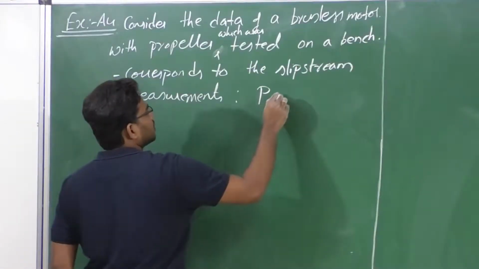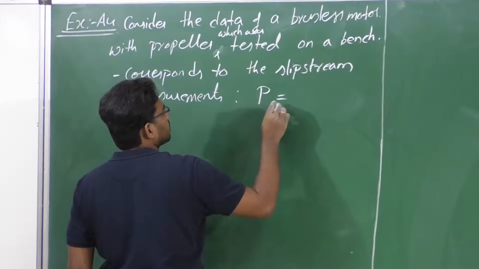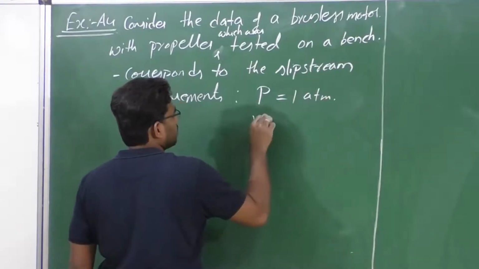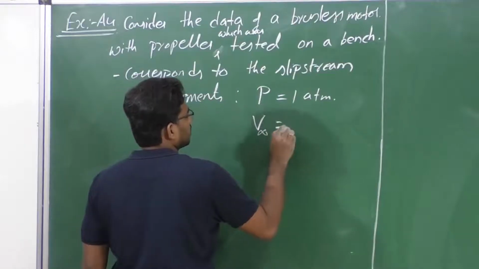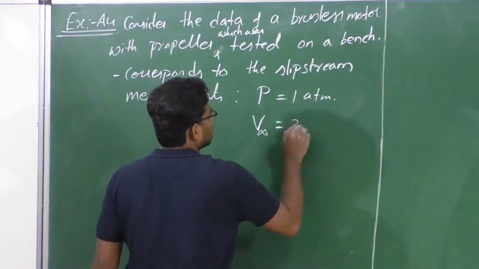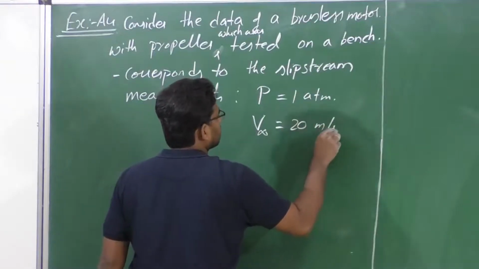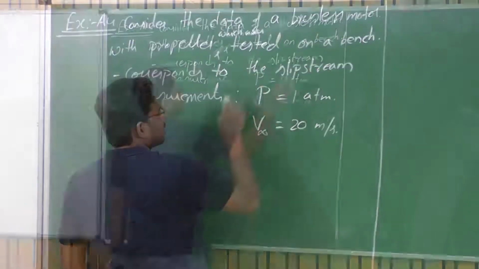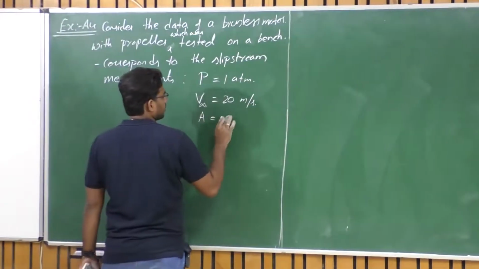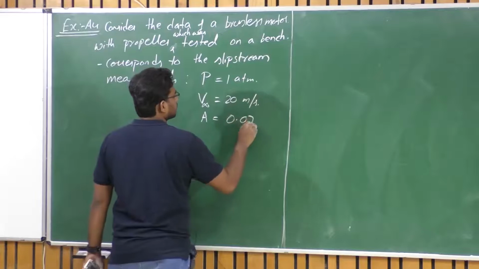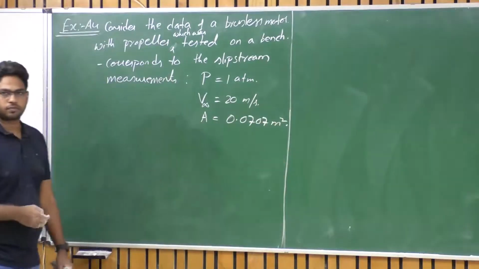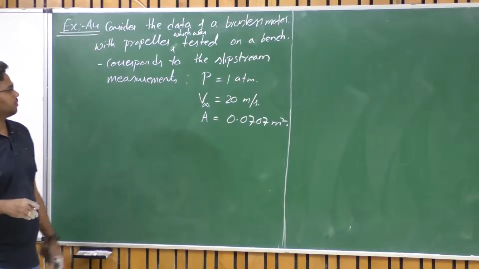P in the slipstream is equal to 1 atmosphere, and V in the slipstream is identified as 20 meters per second, right? And these measurements are effective within an area of say 0.0707 meters square. So these are the measurements here.